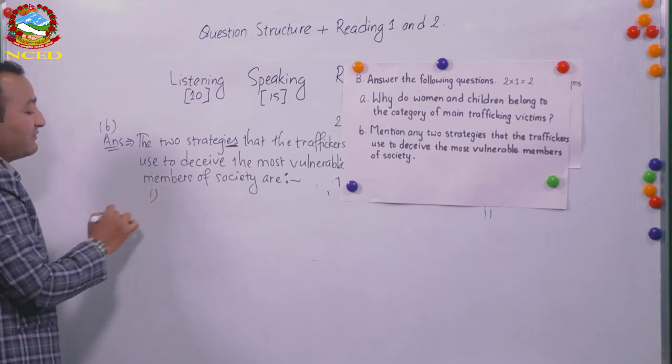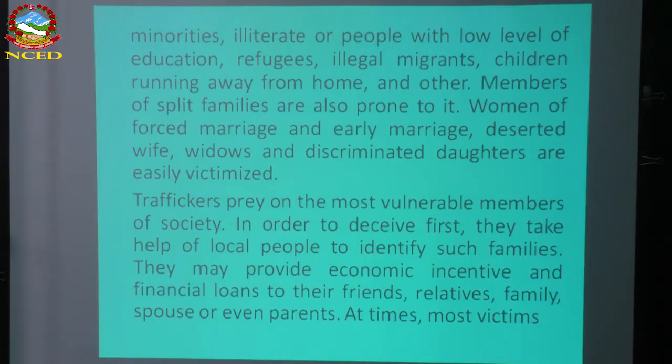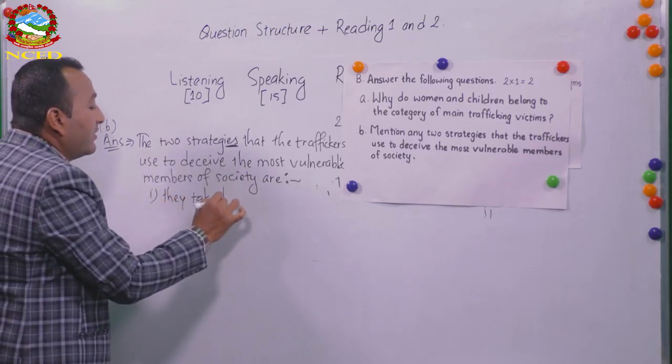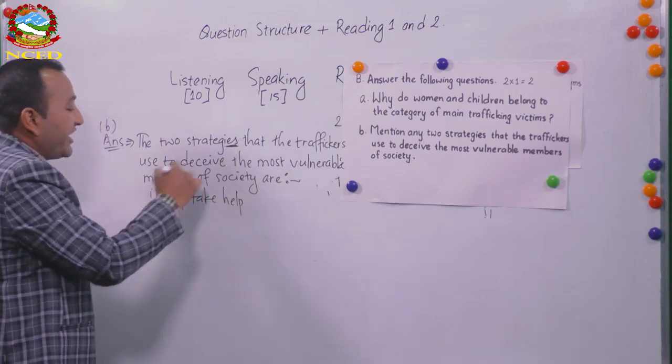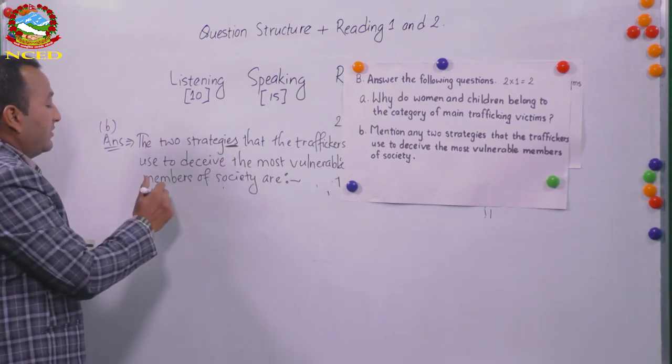You can write just, first one is what they do. They take help of local people, right? Or taking the help of, you can simply write that way also.